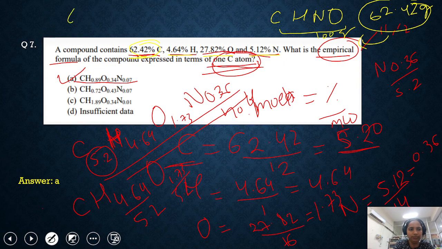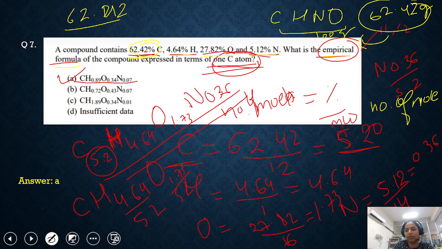For carbon we know 62.42, but we have to find the number of moles, because they are asking for the empirical formula.